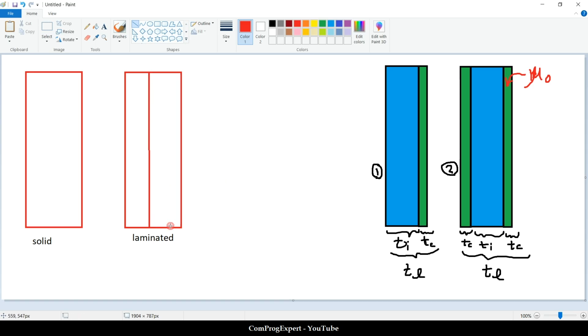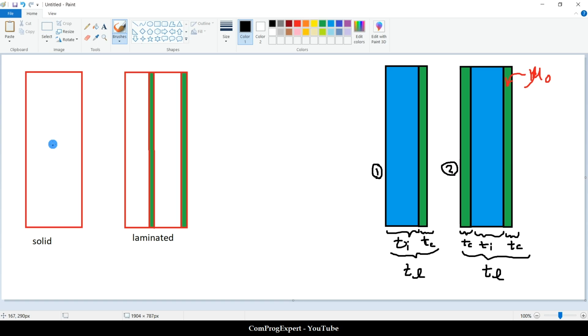In this case, I use the coating for one side only. So here is the coating material, and here we have iron, and this is a solid iron core.